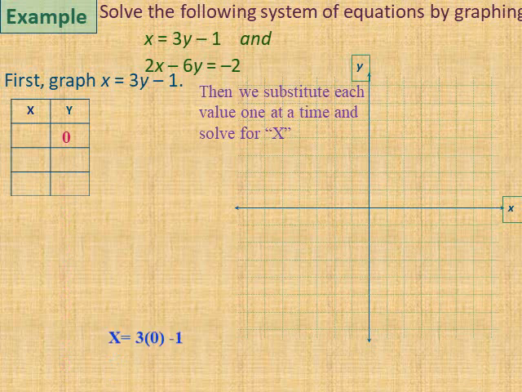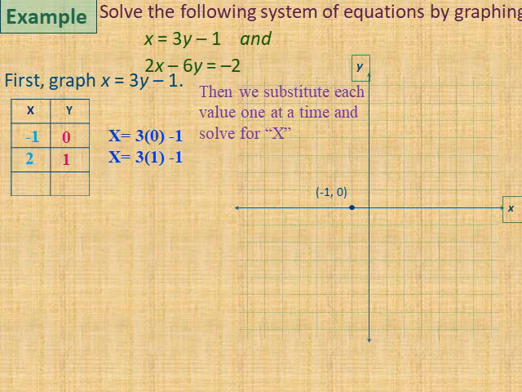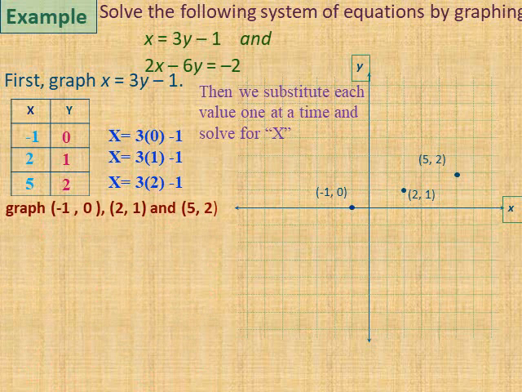It will be 0 minus 1, sorry, negative 1. The first point is negative 1 comma 0. Put y equal 1. It will be 3 minus 1, which means 2. Second point 2 comma 1. Third, put y equal 2. 6 minus 1 equal 5. So the third point is 5 comma 2. Graph the line.